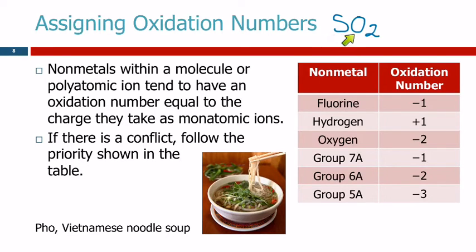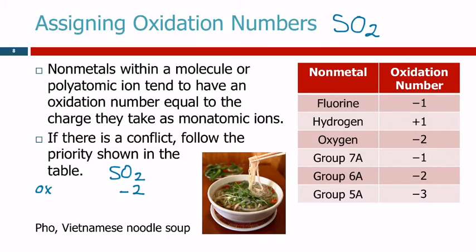So we look here. There's no fluorine. There's no hydrogen, but there's oxygen. So oxygen gets to be -2. I'm going to do this down here. This is a technique that your book uses, and I'm going to try to copy it. I haven't used it before.